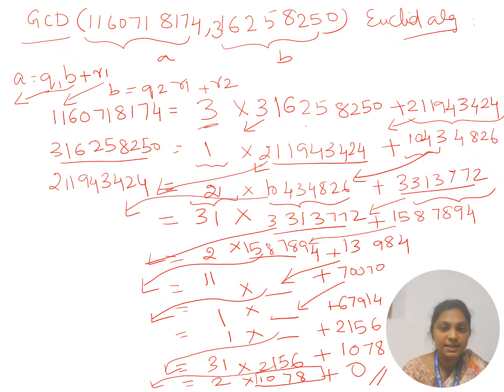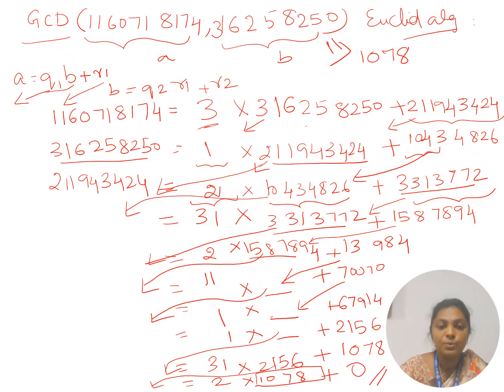So the GCD of these two numbers is 1078. This is how you should perform the GCD of any two numbers using Euclid algorithm. Even the very big numbers, we have easily done it through this algorithm.